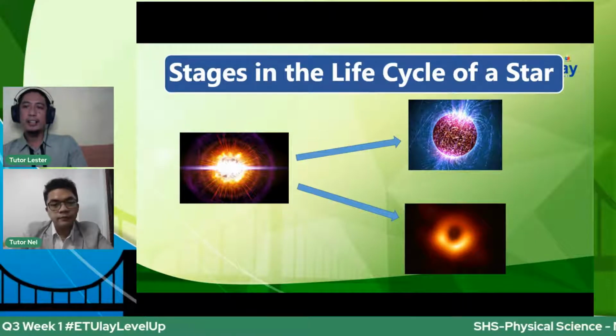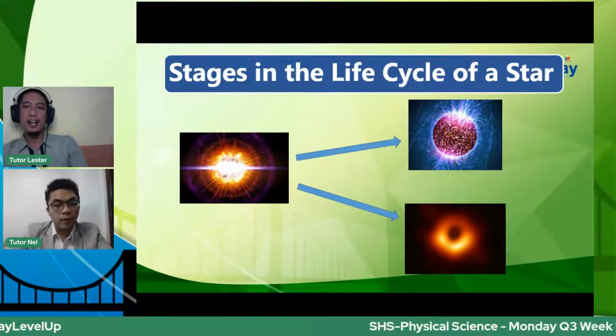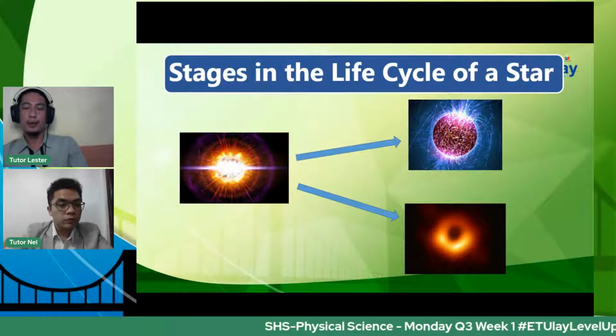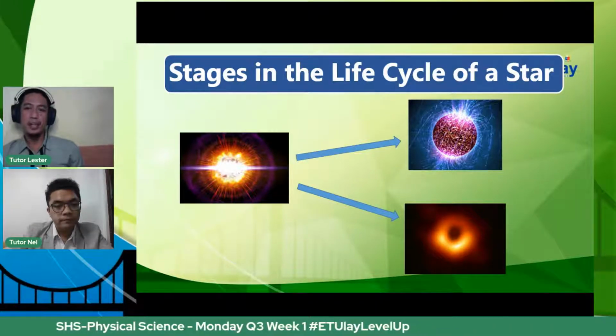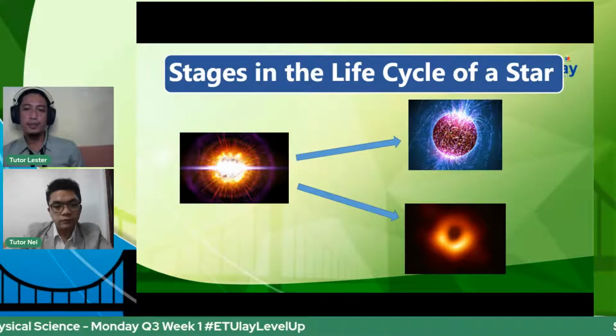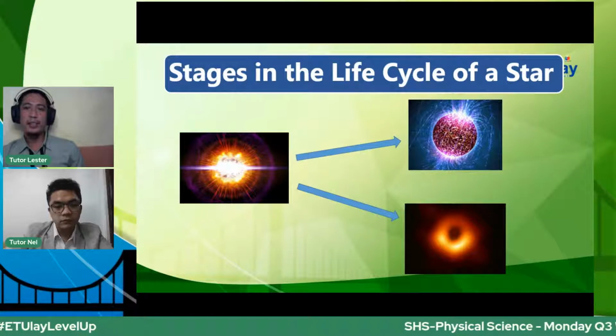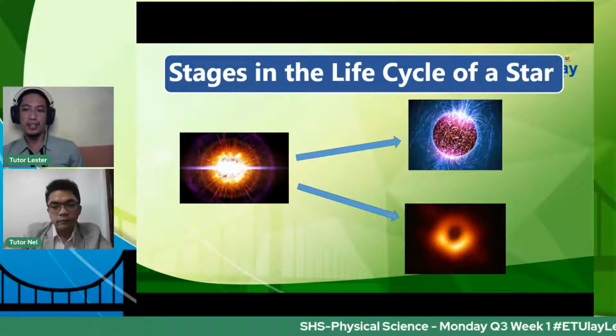Iba naman po ang stages ng isang star na mas malaki pa po kaysa araw. So, when massive stars deplete their hydrogen in the core, the star shifts to helium to power itself and transition into red giant.